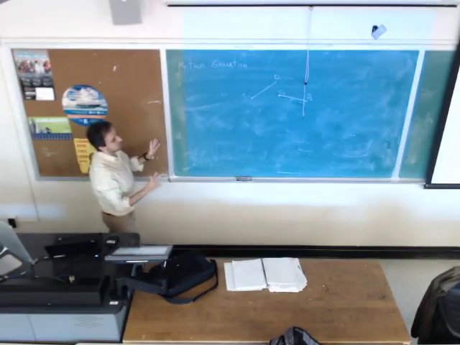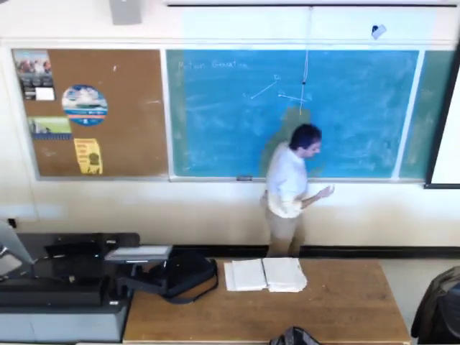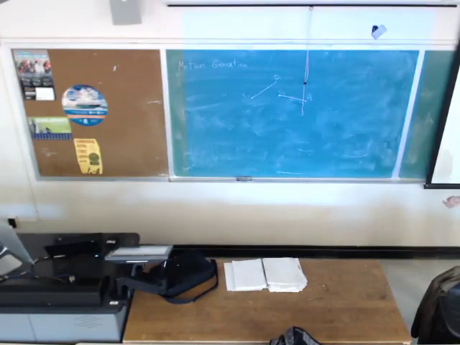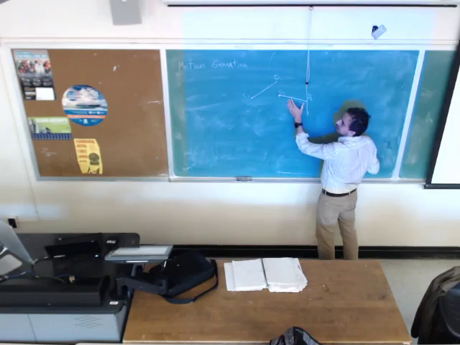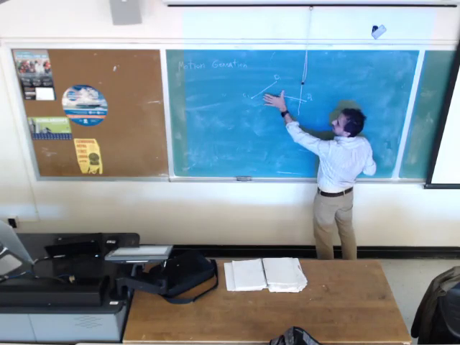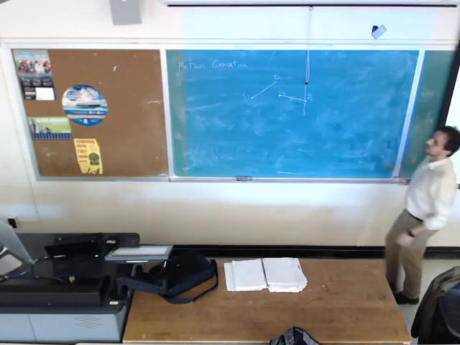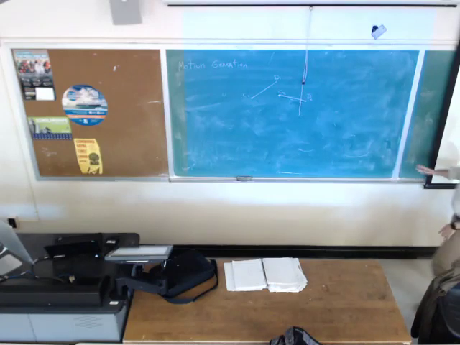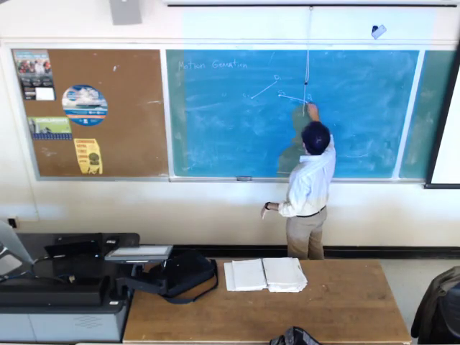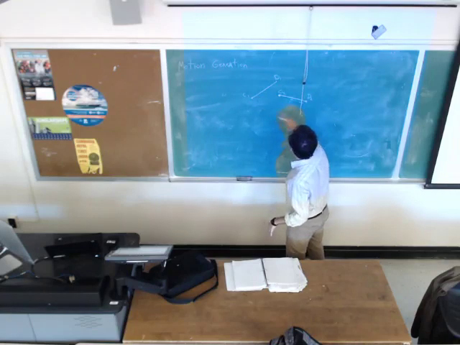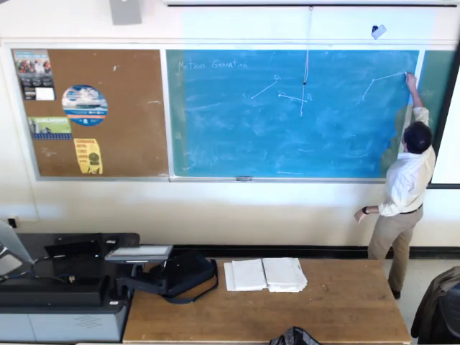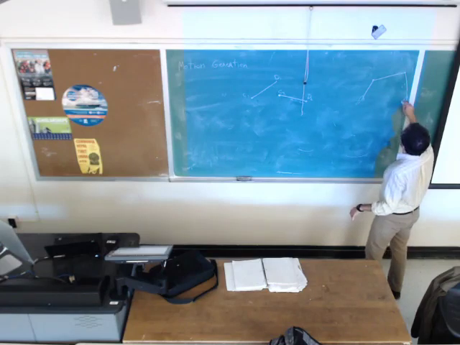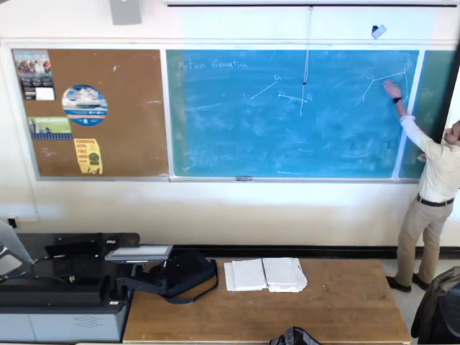I would like to design a 4-bar mechanism such that it moves rigid body CD from this position to this position. So this is what I would like to have. And CD would be my coupler in this case.